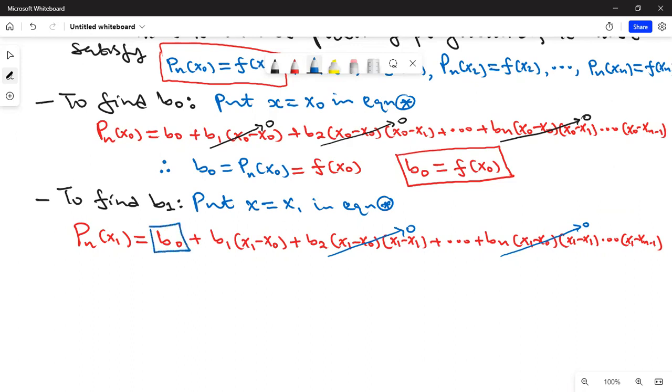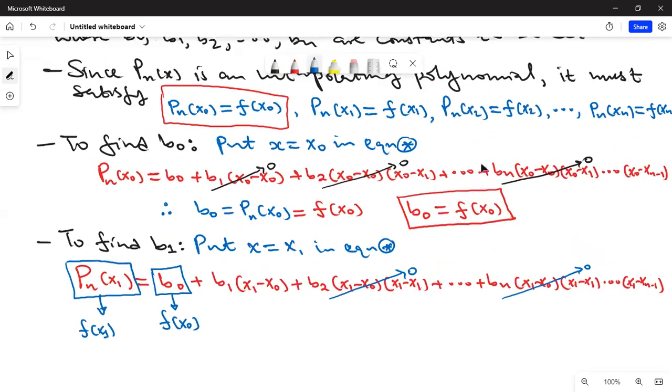So this is f of x naught. And what about Pn of x1? We said that is the same as f of x1. You can see it from here.